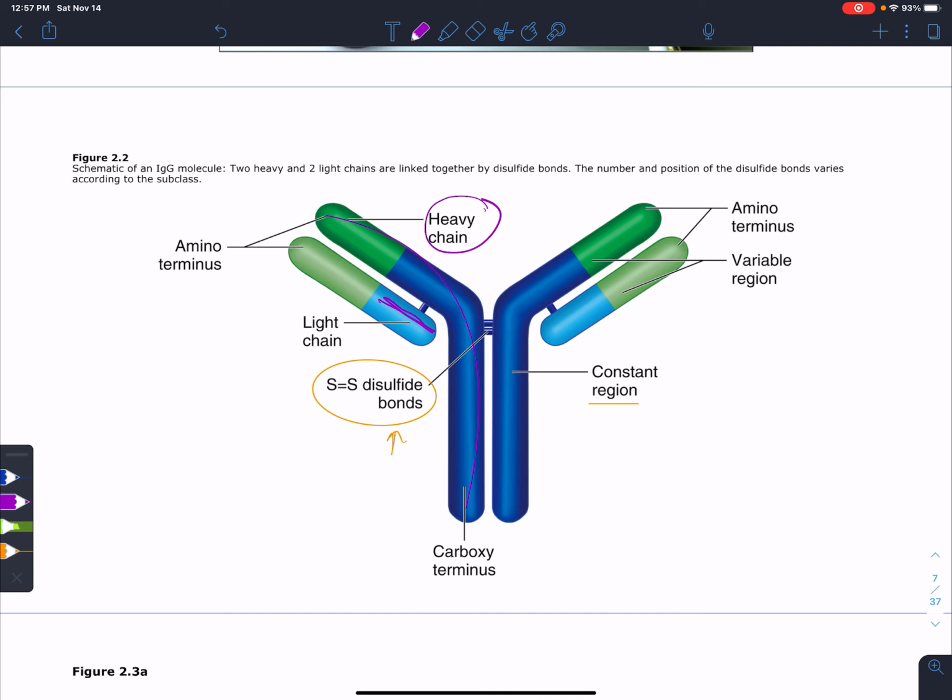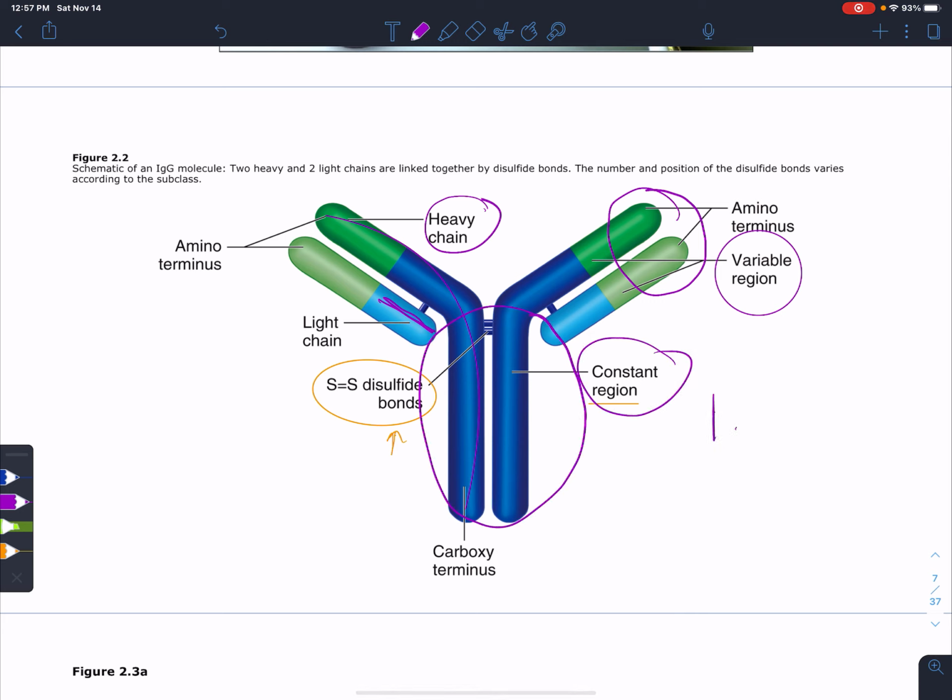What I want you to see as well is here's our variable region. And our variable region is out here. Okay. And here's our constant region. So this is the same. Okay. So if this is an IgG for, let's just stick with our chickenpox.